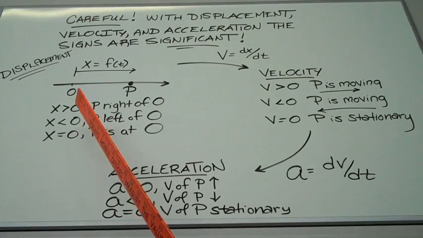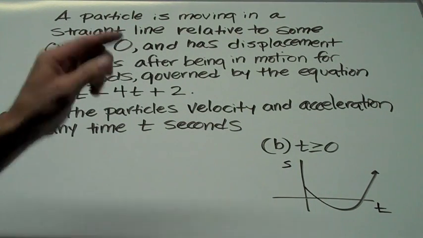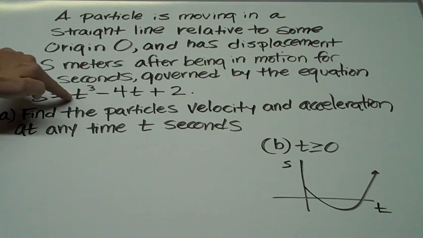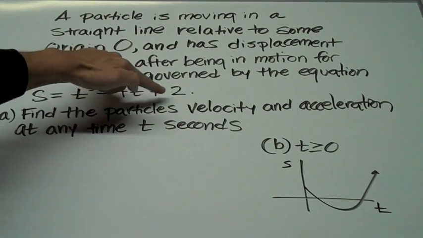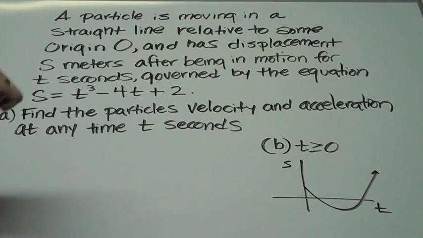Here's a good example of a problem, very straightforward, involving kinematics. And it's asking, can you apply the rates of change? A particle is moving in a straight line relative to some origin O and has a displacement s meters after being in motion for t seconds governed by the equation s is equal to t cubed minus 4t plus 2. S is our displacement relative to time.